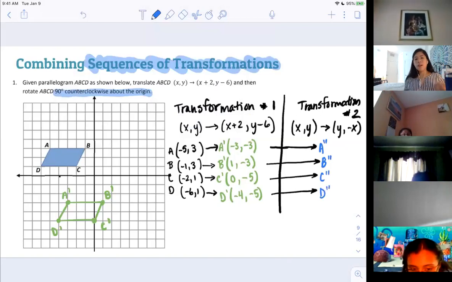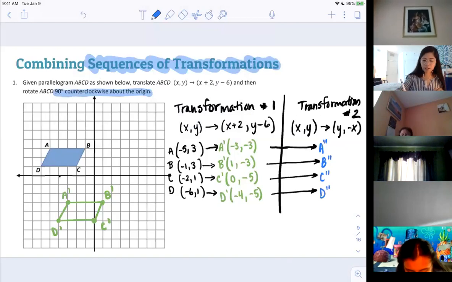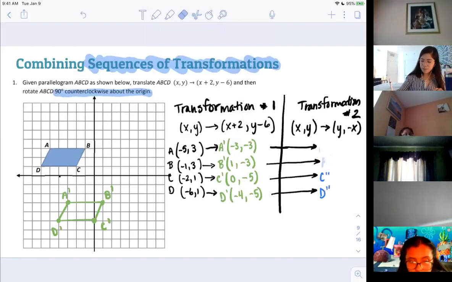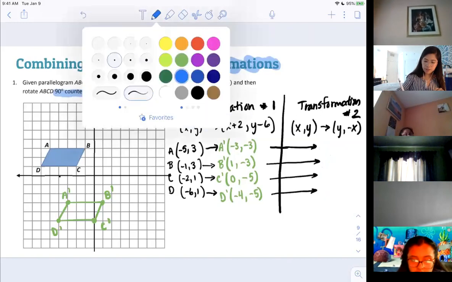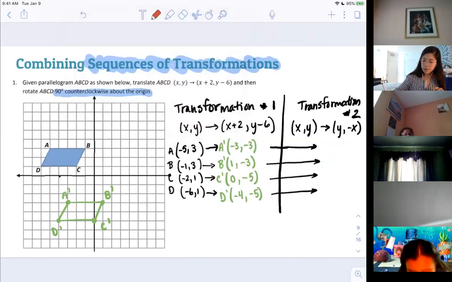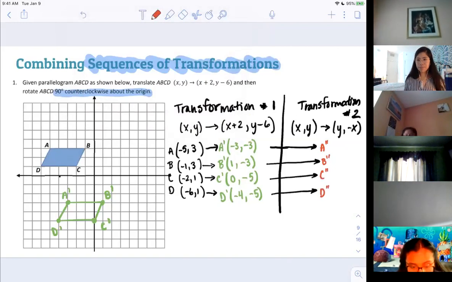Okay. Notice my blue. Actually, let me make it a different color because our first color was blue. So let me make it red. All right. Now I already had A prime. So this is now A double prime, B double prime, C double prime, and D double prime.